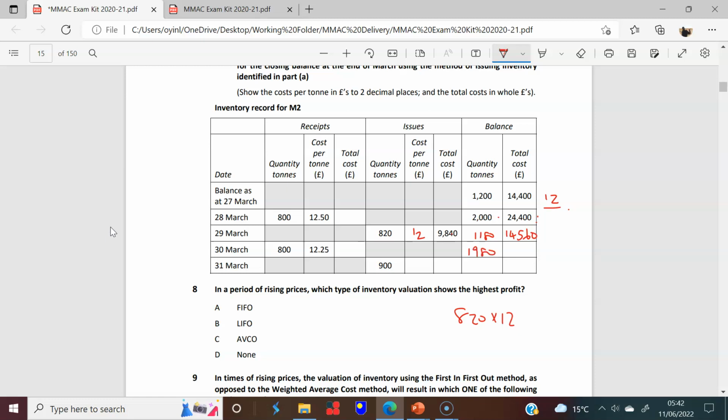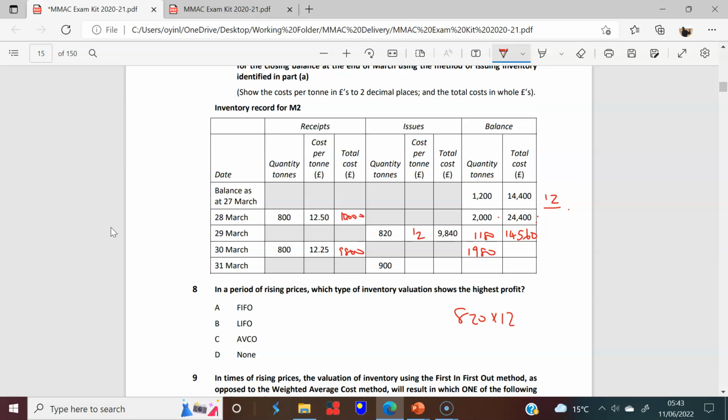Sorry, let me do this quickly. 800 times £12.25 is 9,800. Let me do this one as well. 800 times £12.50 is 10,000. Let me just put these in. So that's 9,800. 800 times 12.25 is 9,800.